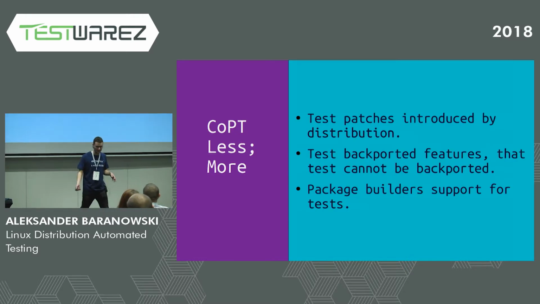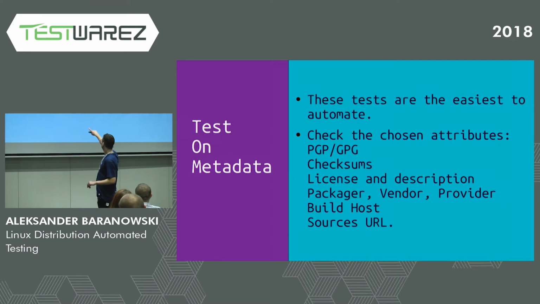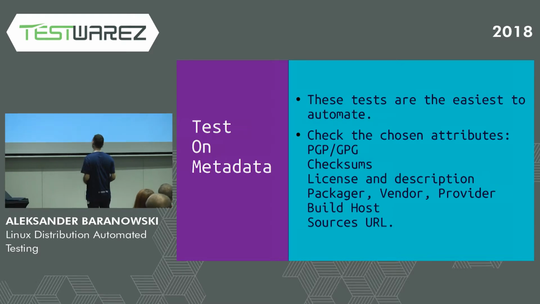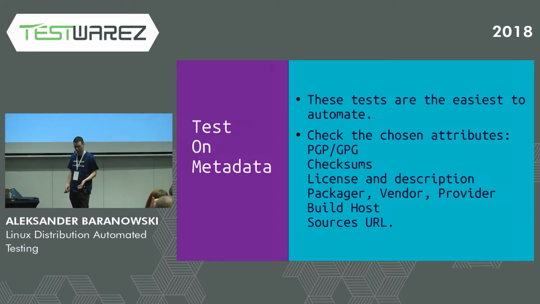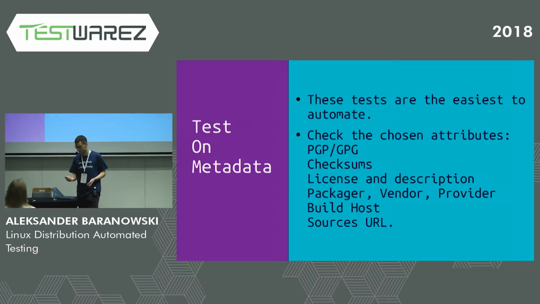Generally speaking, the package builder should support it, but not all package builders support it. License and description: each package should have the license and description, so it shouldn't be empty. This is a really easy test. If a packager, vendor, provider, we can check, for example, if the build host is real with a regular expression, or if the source's URL is valid.